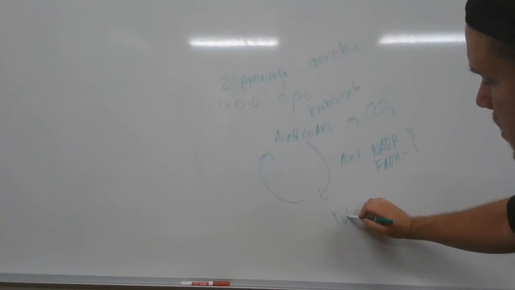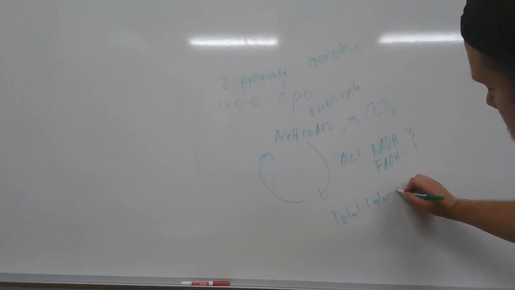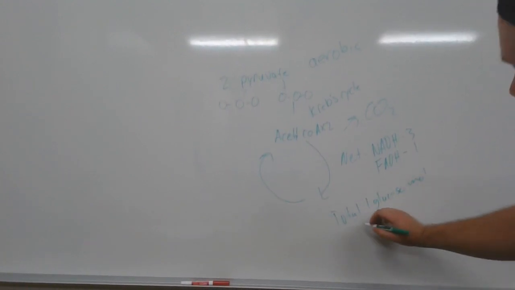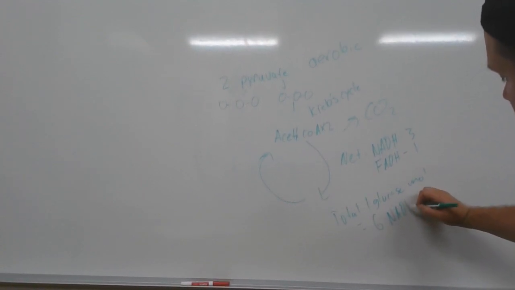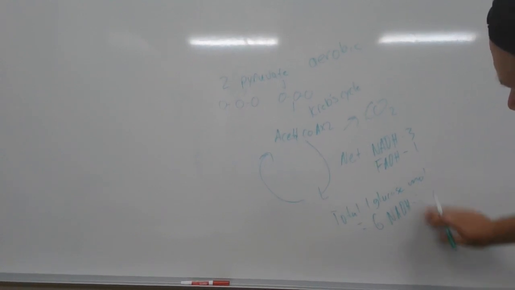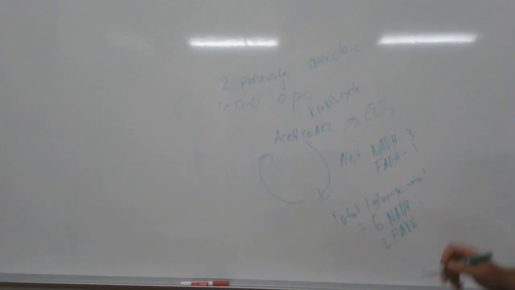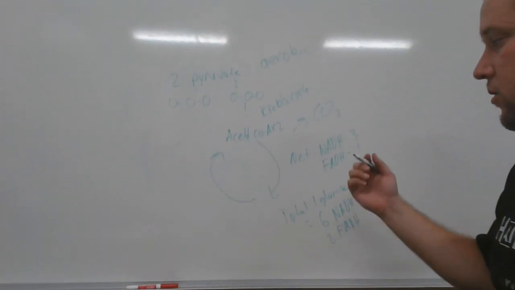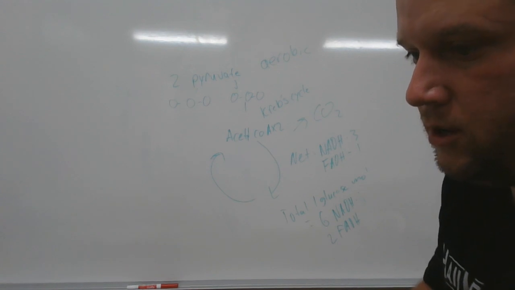So the total from one glucose molecule is 6 NADH and 2 FADH. Those are going to be important when we get to the electron transport chain.